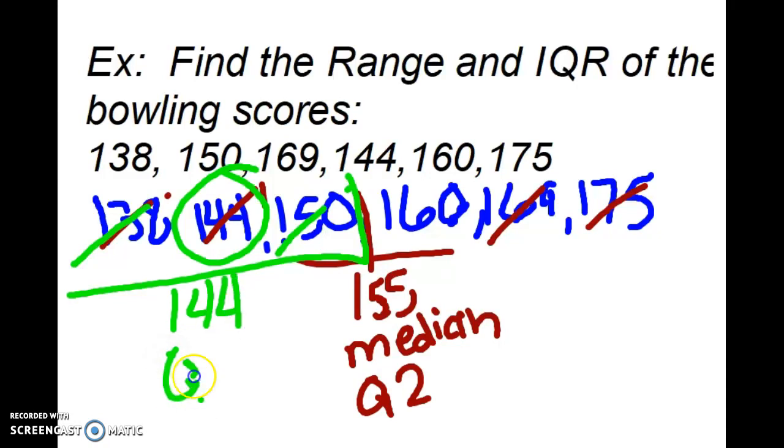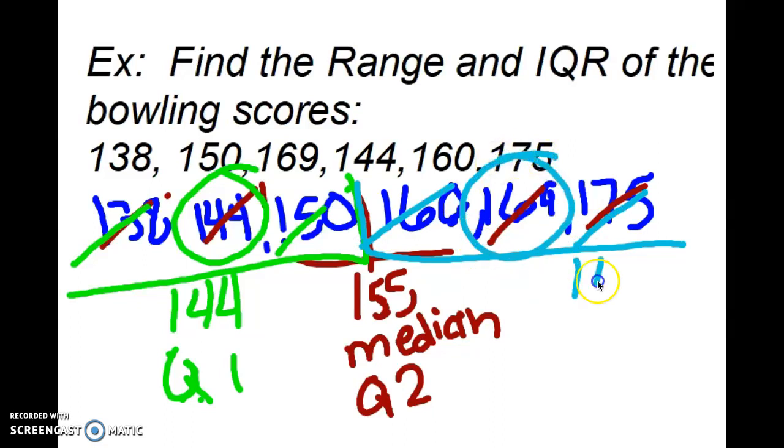Remember, the first one we have to find is our median, which is quartile 2, and then we find quartile 1. And now we can take this upper set of data and find quartile 3 by doing the same thing. So we've got the 169 is quartile 3.